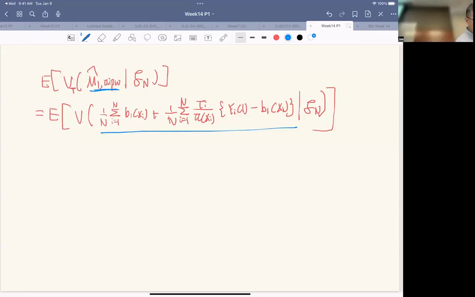And then, here is the conditional variance. Everything is squared: the variance of ti given xi times xi squared.